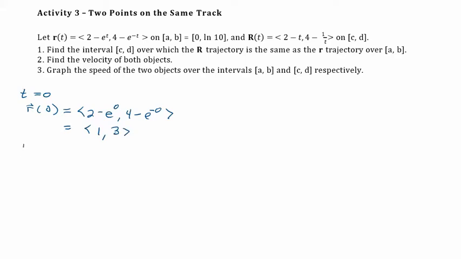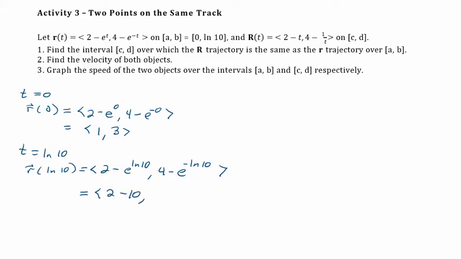Now let's plug in the other endpoint, which occurs when t is the natural log of 10. So we get 2 minus e to the ln 10, and 4 minus e to the opposite ln 10. If you remember this property, e to the ln of something is just that something. So this is going to be 2 minus 10. And we do have a negative here.